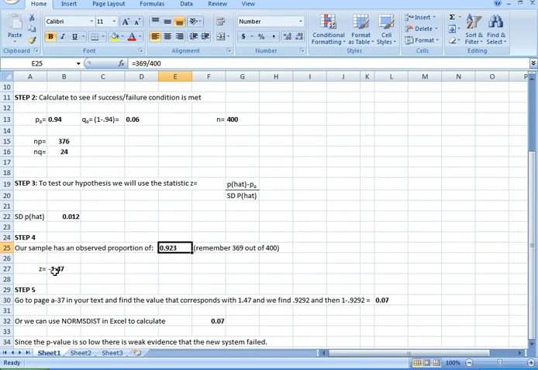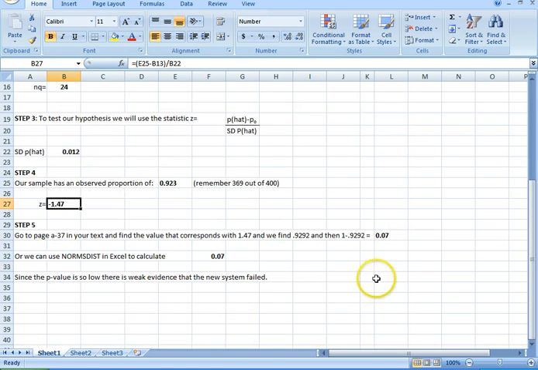So we continue with step 4, and I click on my cell, and you see there that we take E25, which is our observed proportion, minus B13, 0.94 that we calculated earlier, divided by B22. B22 is the standard deviation that we just calculated, and we come up with a z of negative 1.47. Now that we have this, we can continue.